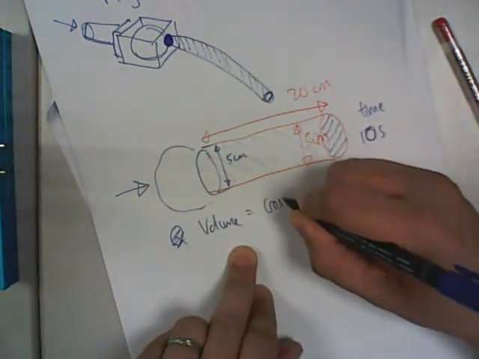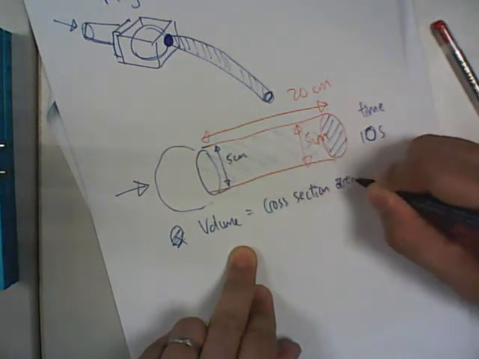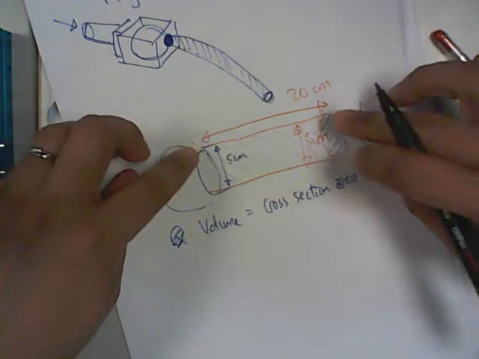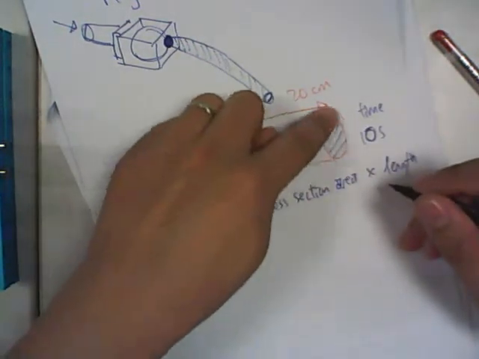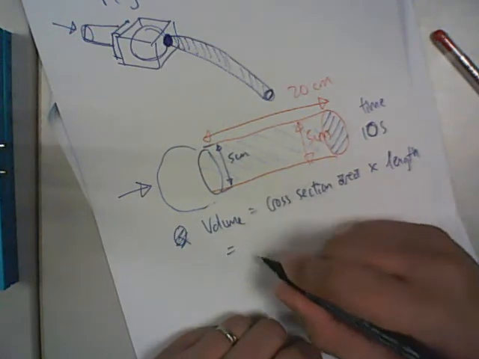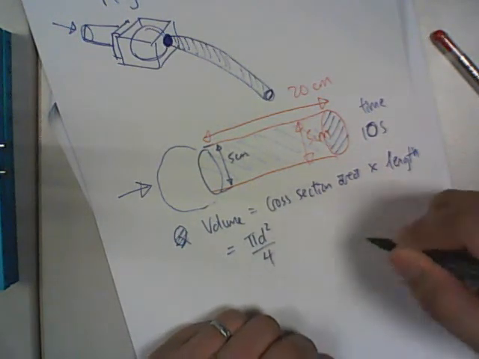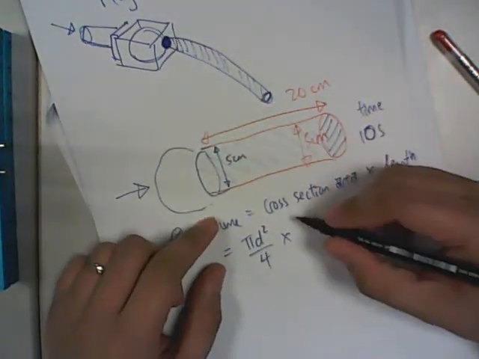So volume is cross-section area multiplied by length, which is the length of this tube. So the cross-section area is a circle of diameter 5 cm, so the formula of circle is pi d square over 4, and the length is 20 centimeters.